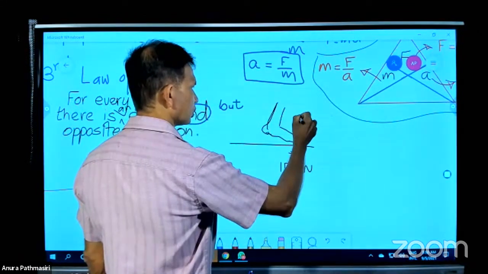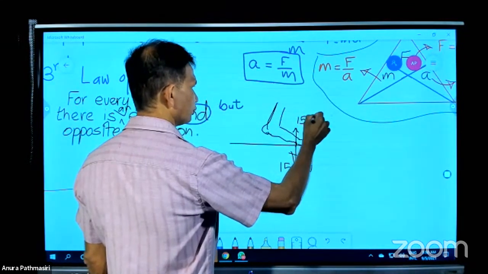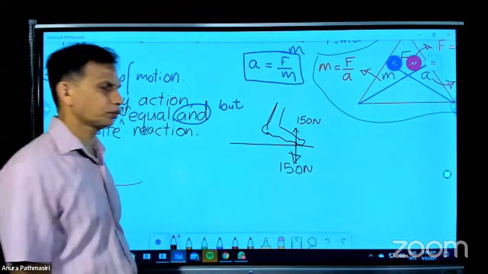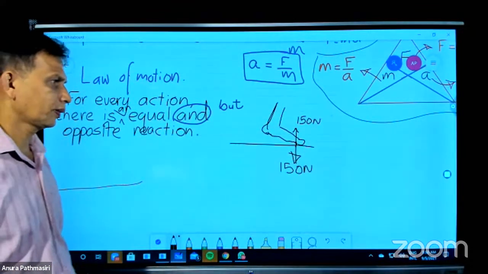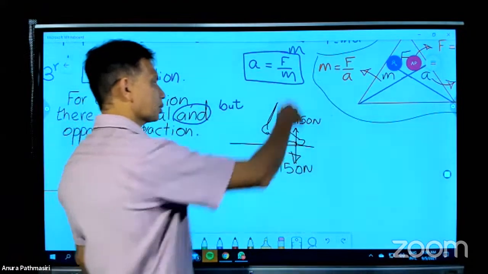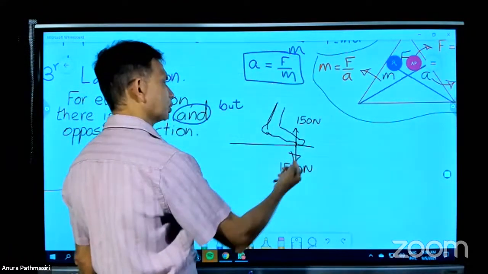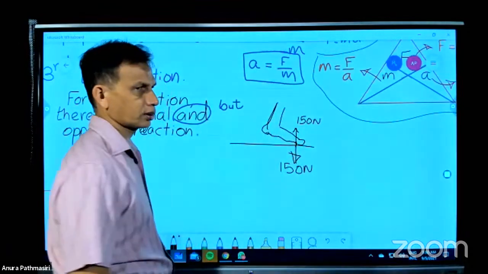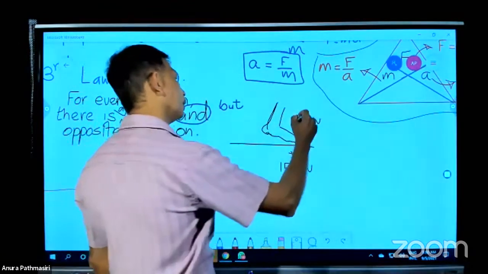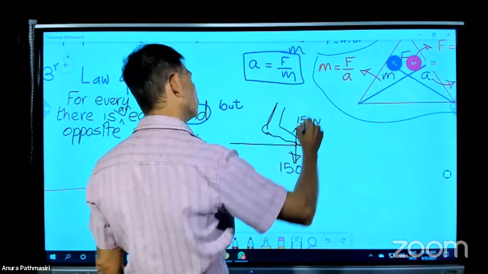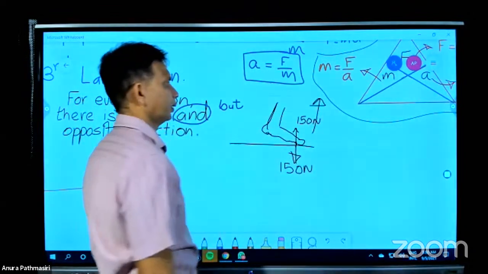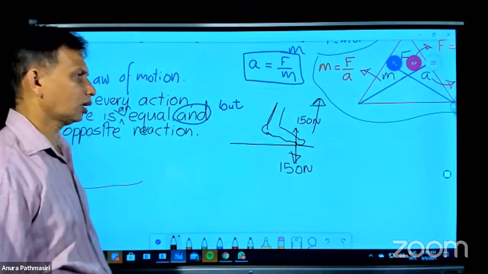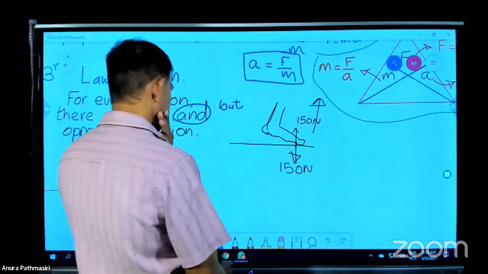It exerts 150 Newton force on you. When you exert 150 Newton downward, it also exerts 150 Newton on you as well. So then you are moved upward. That's how it works.